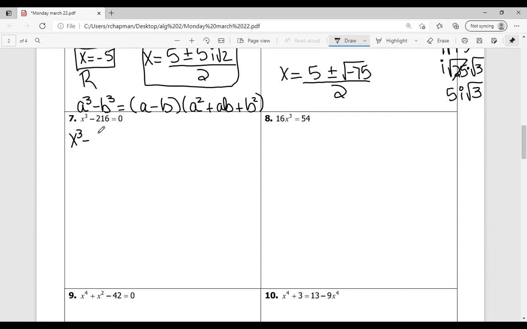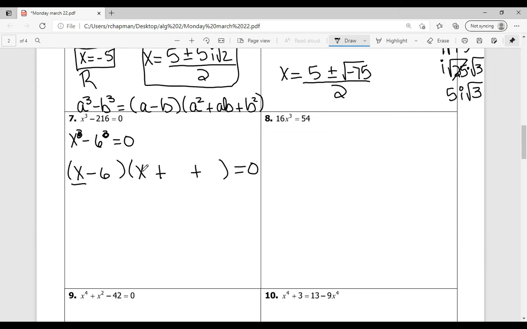We talked about it last week. 6 to the third. Okay, so that means if I scribble out both of those 3's, my binomial is x minus 6. And then I'm going to use those numbers to fill in the gaps. Now, I know for a fact it's going to be plus plus because that is the formula for factoring the difference of cubes.